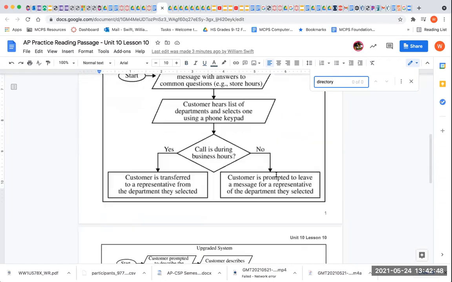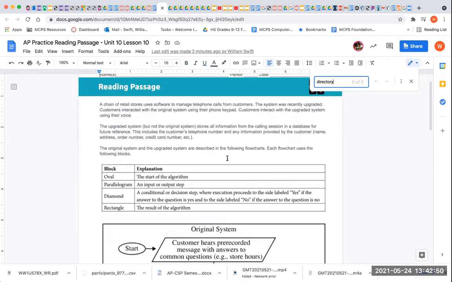I mean, the things in my mind that are going into our directory are customer's telephone number, name, and address, right? The upgraded system, but not the original, stores all information from the calling session in a database for future reference. This includes the customer's telephone number, information provided by the customer, name, address, order number, credit card.